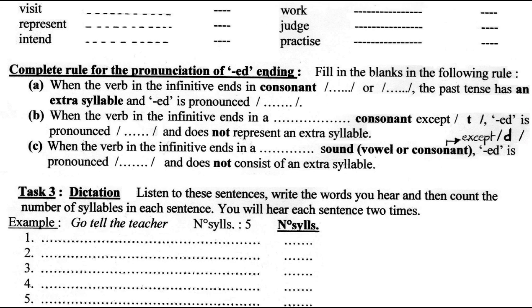That's why we call it voiced sound. So, ends in a voiced sound, vowel or consonant, except d, ed is pronounced d, and does not consist of an extra syllable. Great.